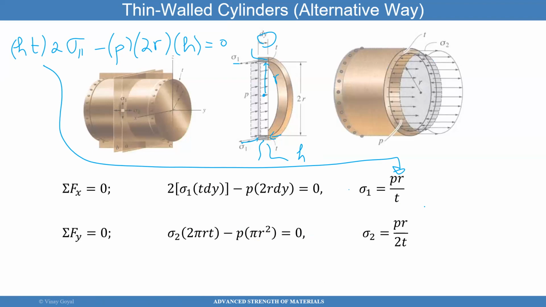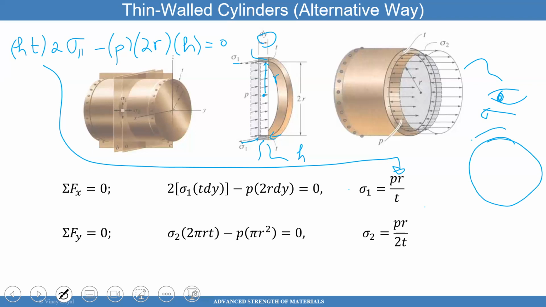Okay, so now let's examine the axial stress. I look at that surface, looking that way, right? Those are scary eyes, but okay. I basically look at a ring that's very thin, but I'm exaggerating the thickness on purpose.